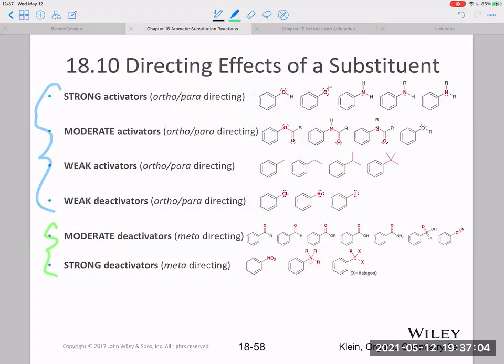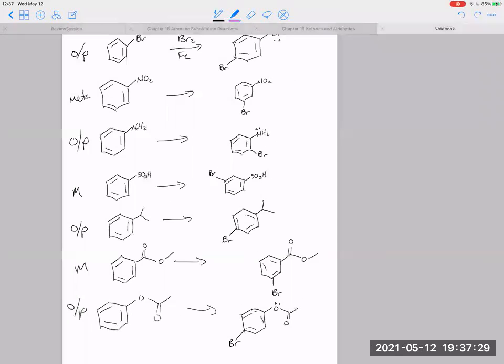In addition, though, we had this further classification as being strong, moderate, or weak. So when does that come into play? When do we have to worry about that? That's when we're going to be forming a tri-substituted benzene, so we have competition between two substituents that are already there. So let's just do a simple example real quick.